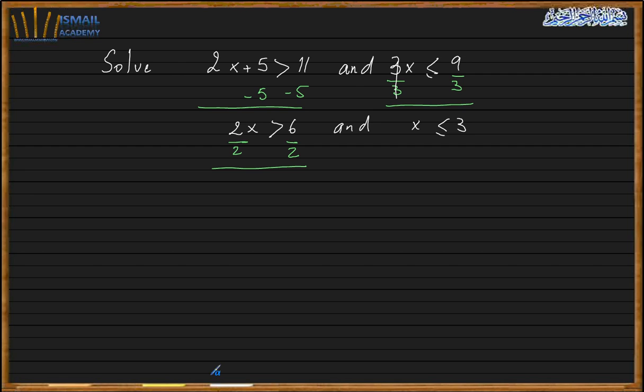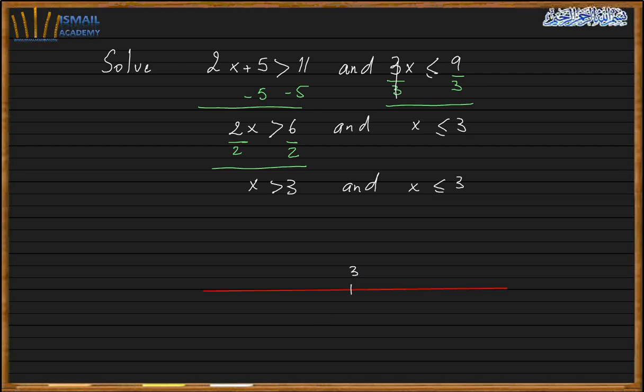So I divide by a positive number, the sign stays in the same direction, and x is less than 3. So in my number line, I have only one number, which is 3, but that number has different inequalities.